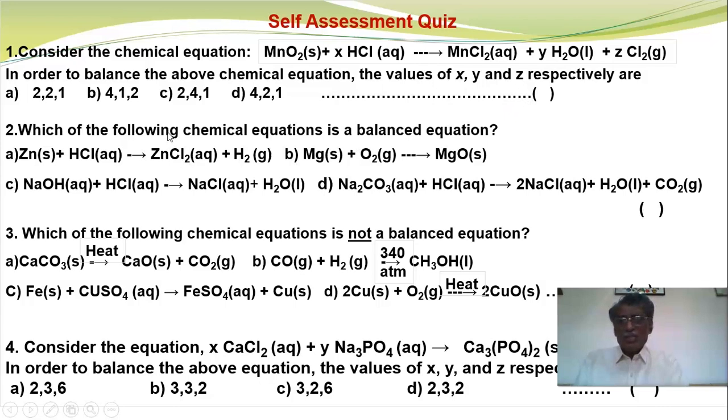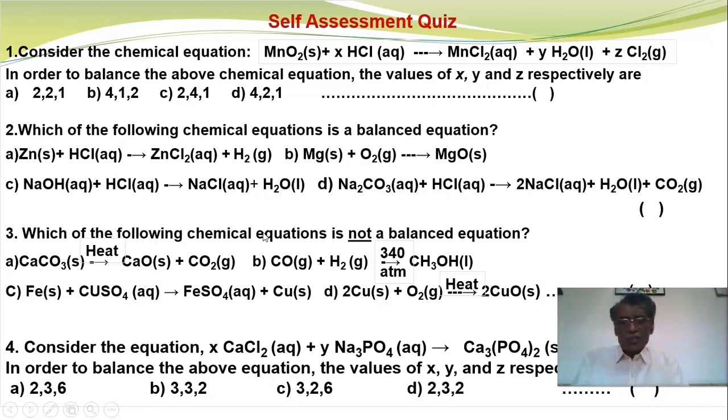Which of the following chemical equations is a balanced equation? I have given 4 options: ZnS plus HCl giving ZnCl2 plus H2; Mg plus O2 giving MgO; NaOH plus HCl giving NaCl plus H2O; Na2CO3 plus HCl giving 2NaCl plus H2O plus CO2.